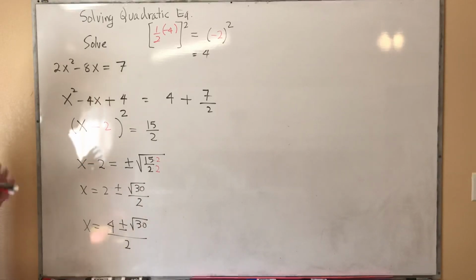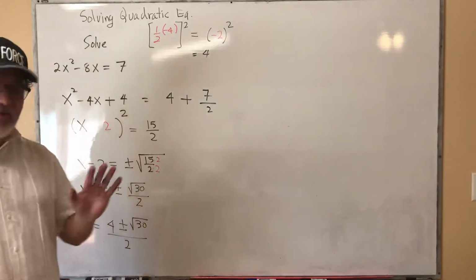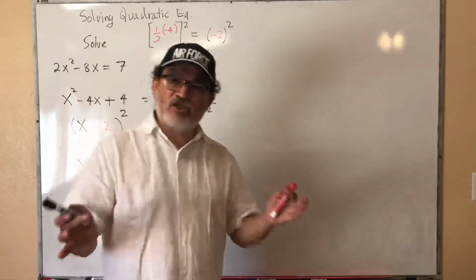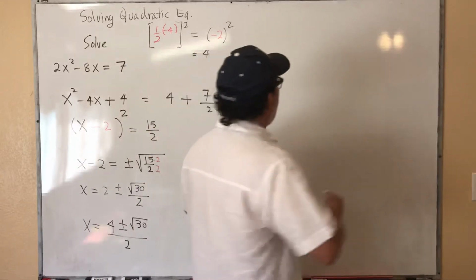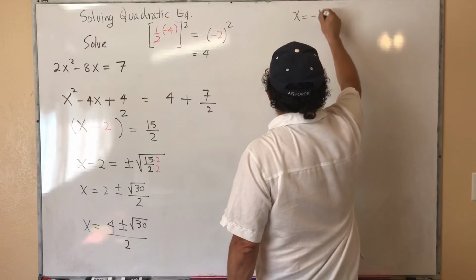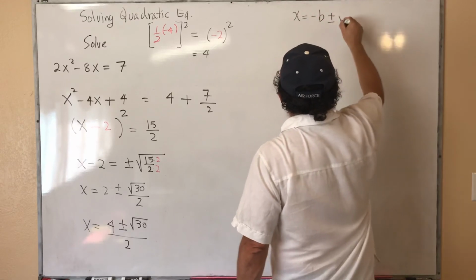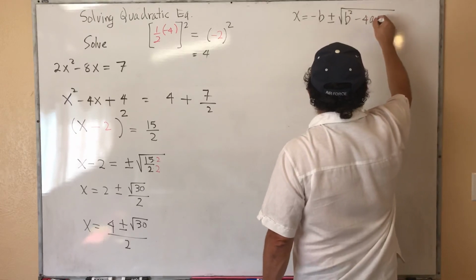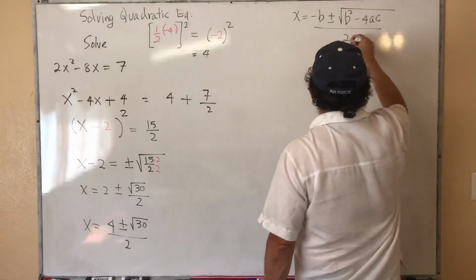Okay, now, there is one last way to solve this: the quadratic formula. The quadratic formula: x equals negative b plus minus the square root of b squared minus 4ac all over twice a.